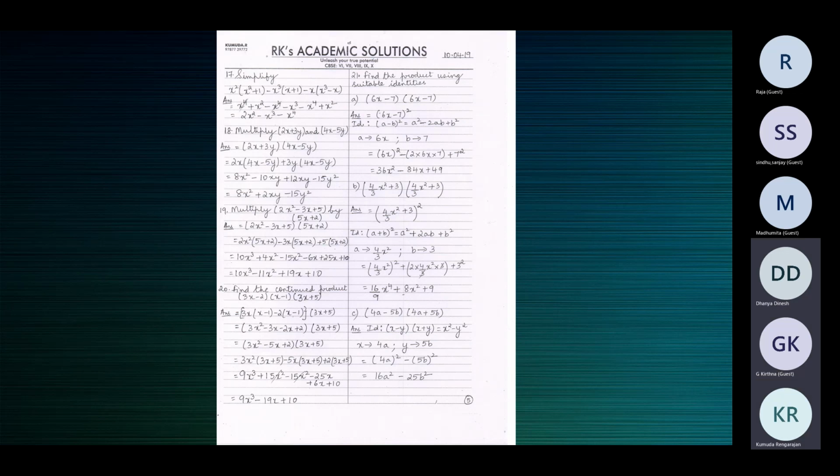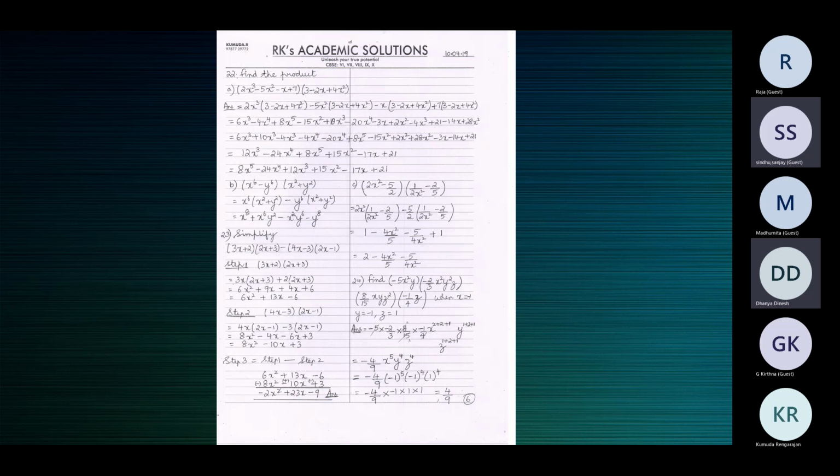Ma'am, the 24th sum, ma'am. 5x square y, ma'am. Yeah, 24th. Even I just checked. Yes. Okay.